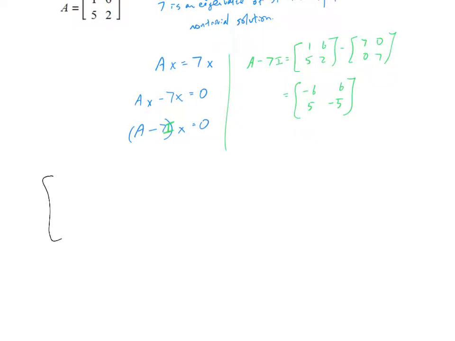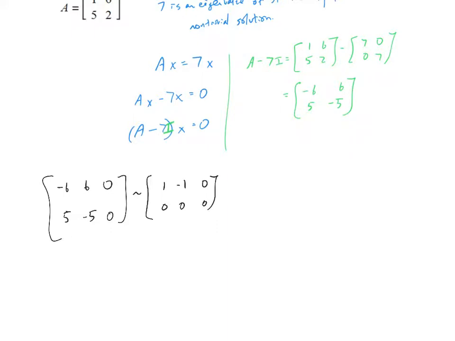So I'm going to set up my augmented matrix, negative 6, 6, 0, and 5, negative 5, 0. My first row operation, well, I can just go right into reduced echelon form here. You can use the top row to eliminate everything in the bottom row when you divide out that scalar. So you get 1, negative 1, 0, and then 0, 0, 0 as your reduced echelon form.